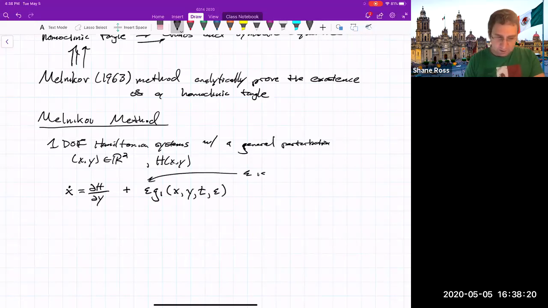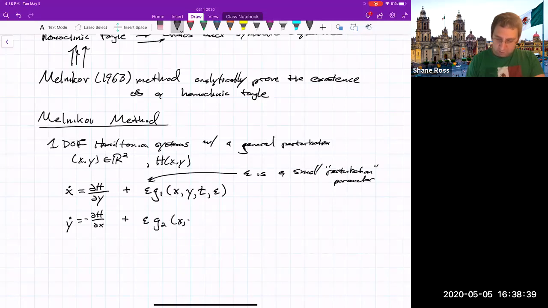So epsilon is a small perturbation parameter. y dot is negative partial H partial x plus epsilon g2(x, y, t, epsilon).